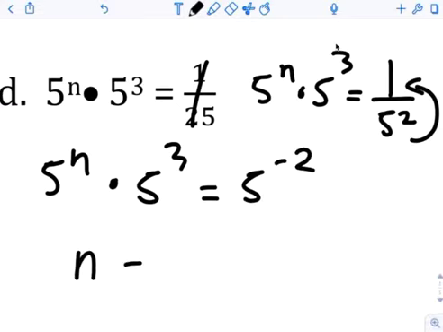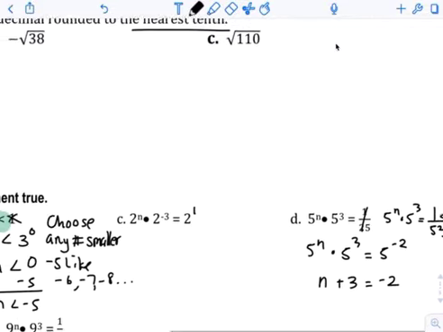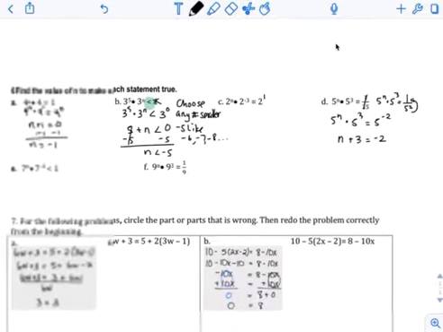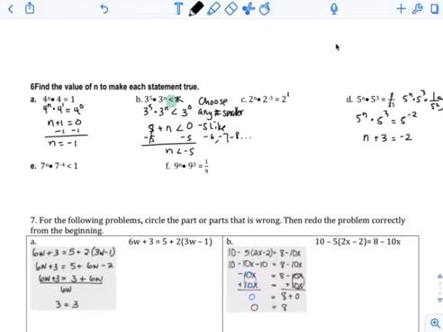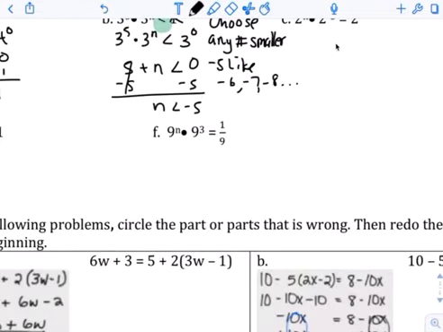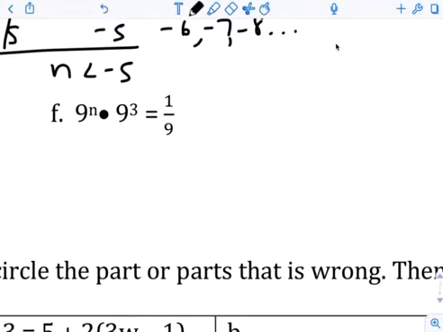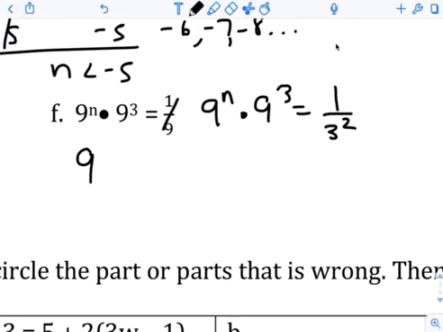So n plus 3 equals negative 2. N is negative 5 for sure, nothing else, right? And then figure out the rest, remember. This, can't write it like that, 9 to the n times 9 to the third equals 1 over, and then that becomes 9 to the n times 9 to the third equals 2.